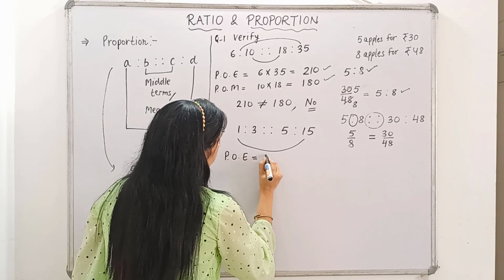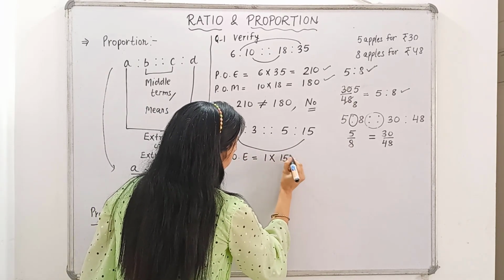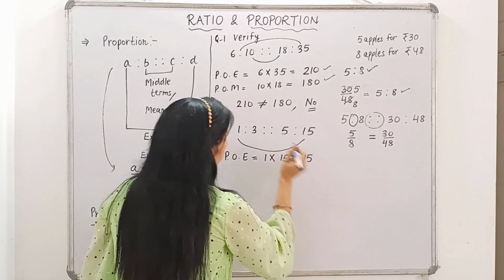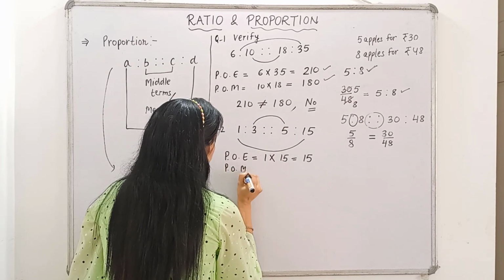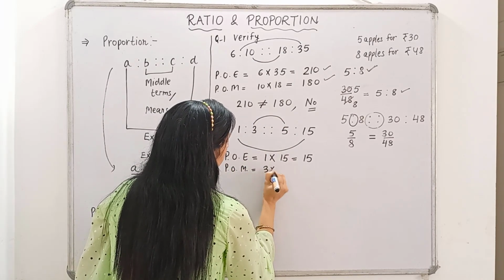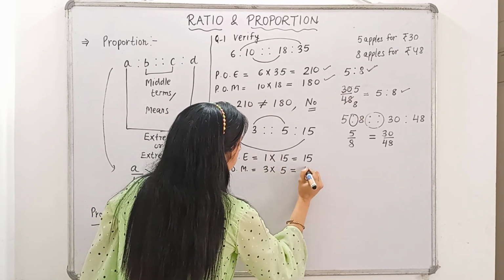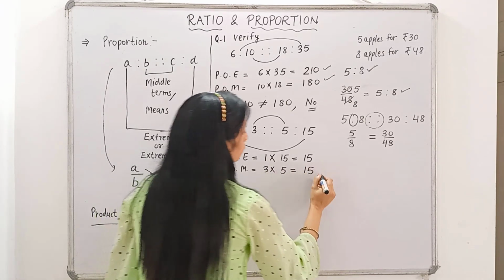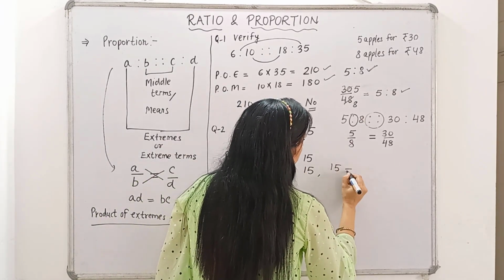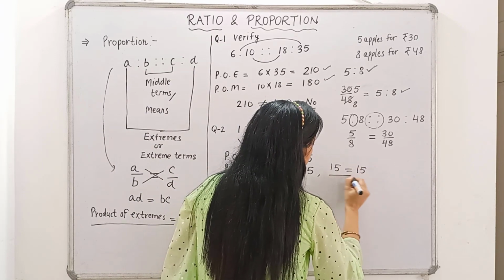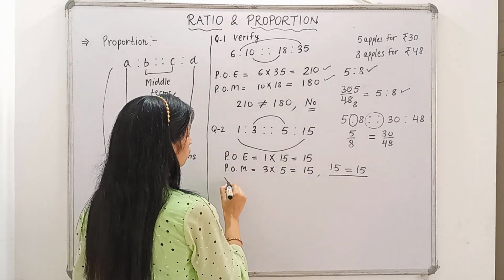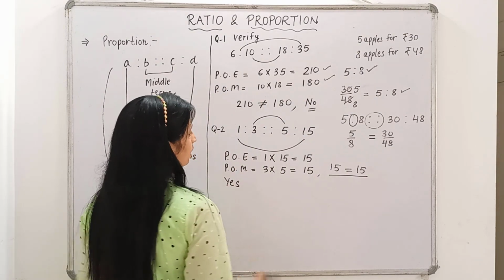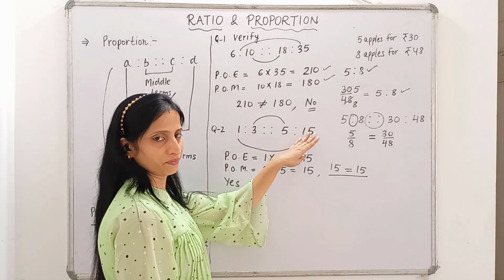Product of extremes will be 1 multiplied by 15, that is 15. And what will be the product of means? Product of means is 3 multiplied by 5, that is 15 again. So because 15 is equal to 15, hence we can say that these two ratios are in proportion. So we will write yes, the ratios are in proportion.